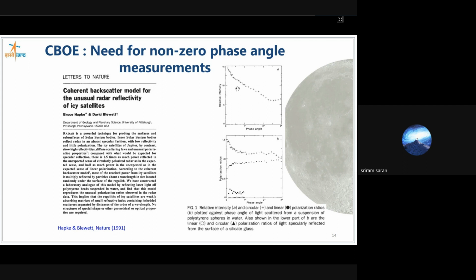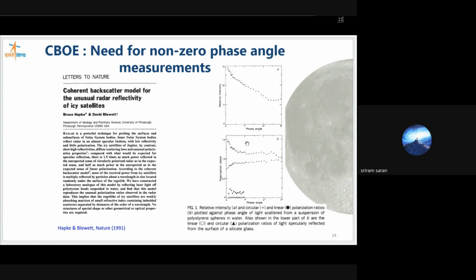So as you can see on the figure on the right, you can see a sudden spike when you reach the 0-degree phase angle. So if you can study these radar observations as a function of phase angle, that means the bistatic angle, then you can very confidently say that what you are observing is an example of water ice, but not your typical average regolith.